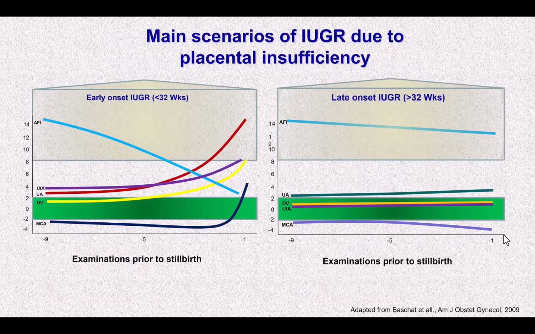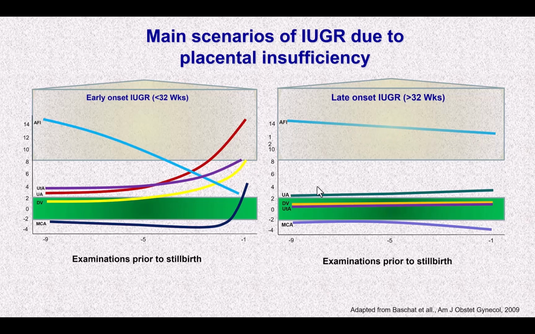Here you can see the different hemodynamics that characterize these two types of IUGR, the early on the left and the late onset IUGR on the right. You can see, for example, that the amniotic fluid that is dramatically reduced and very rapidly decreased in the early onset is not so evident in the late onset and may be in the normal range.